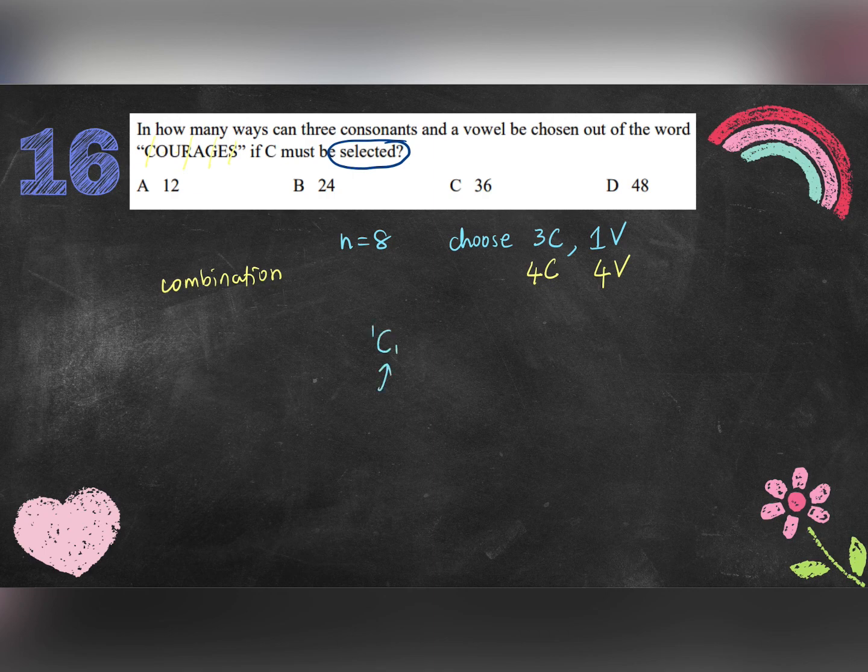Okay, ini merujuk kepada letter C. And then kita nak choose 3 kan. So kita perlukan lagi 2 letters. So datangnya daripada remaining letters consonant lah. So 3C2 times by vowel kita nak satu sahaja, 4C1. Okay, 3C2 times 4C1 times by 1C1. So we have 12. So the answer should be A.